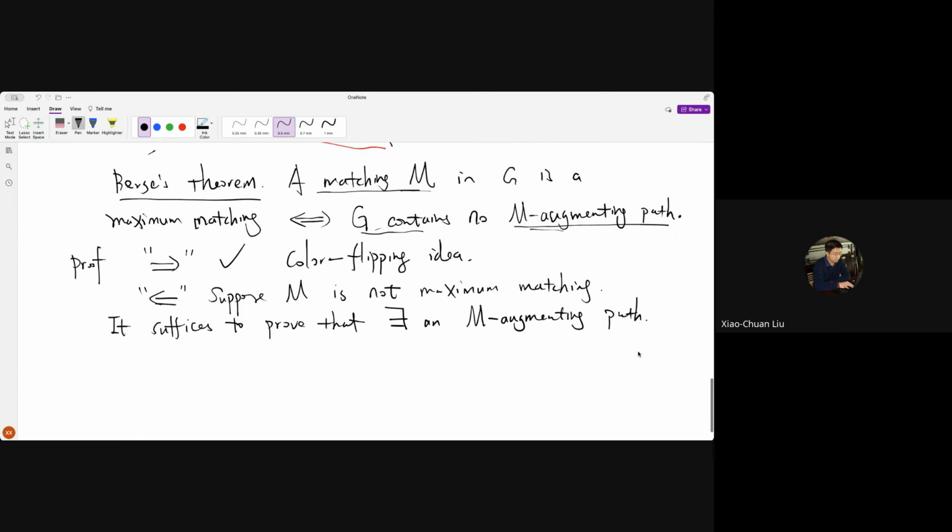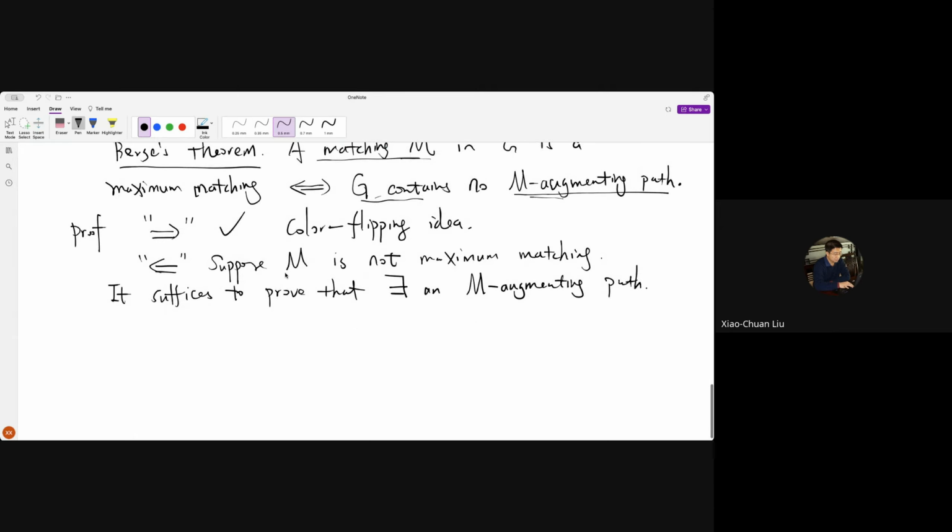M is not maximum means that there exists M star, another matching, which contains more edges. This is strict.